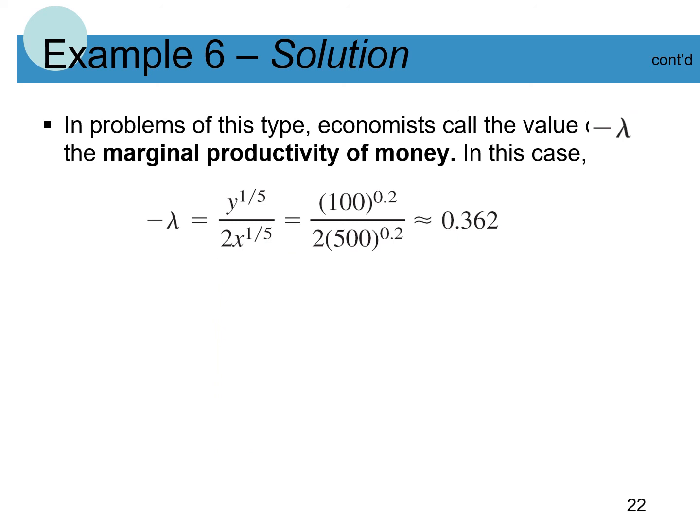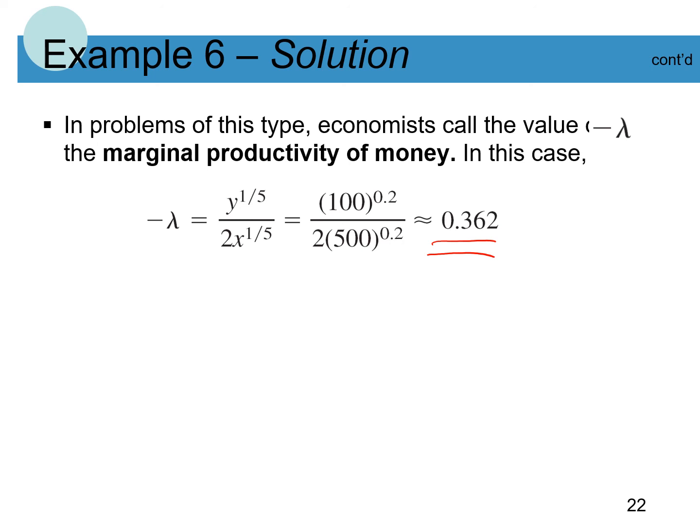In a problem of this type, economists call the value of negative lambda the marginal productivity of money. In this case, negative lambda is equal to y to the power 1/5 divided by 2x to the power 1/5, that is 100 to the power 0.2 divided by 2 times 500 to the power 0.2, approximately equal to 0.362.